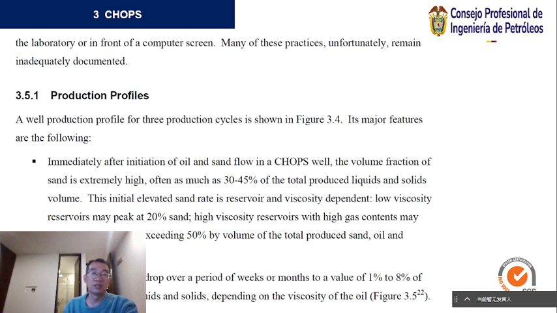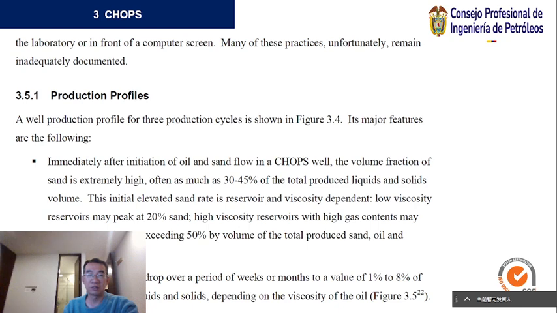Production profile. A well production profile for 3 production cycles is shown in the figure, and major features are the following. Immediately after initiation of oil sand flow in a CHOPS well, the volume fraction of sand is extremely high, often as much as 30 to 45% of the total produced liquids and solid volume. This initial elevated sand rate is reservoir and viscosity dependent.